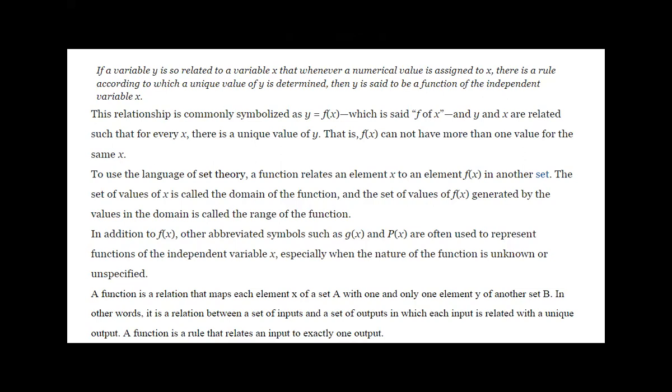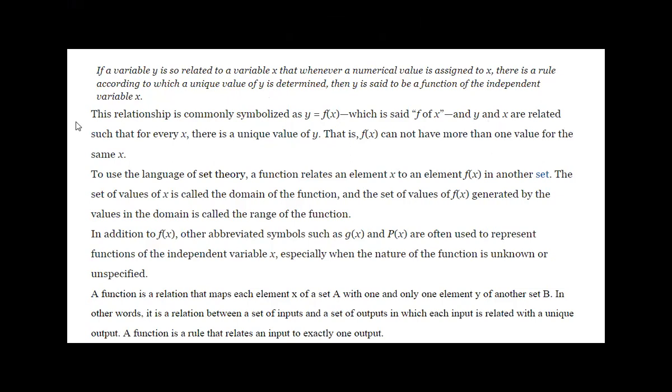So what is the upper sentence telling us? For every variable x, there will be a function f of x, and whatever value comes from that f of x will be treated as y. Means y is equal to f of x.